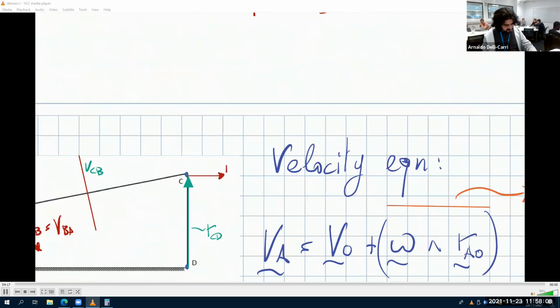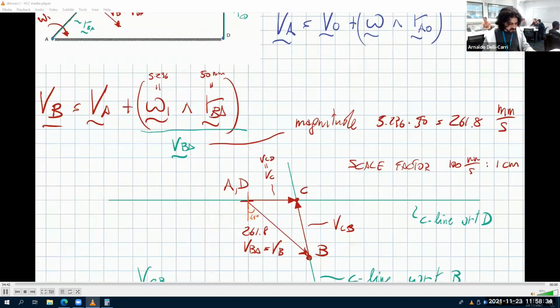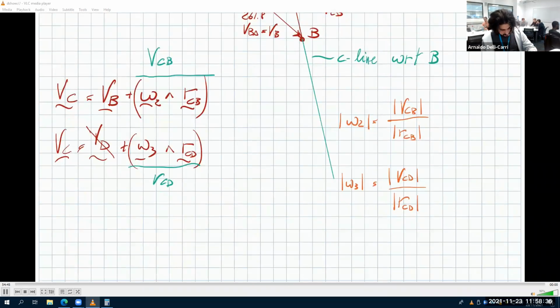Now, if this is VCD, which direction is omega-3? Clockwise or counterclockwise? It must be clockwise, because otherwise VCD doesn't go in that direction. So omega-3 is clockwise.